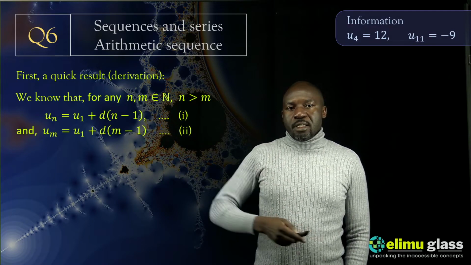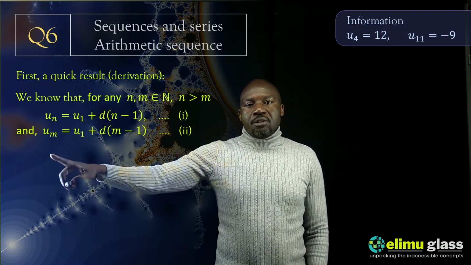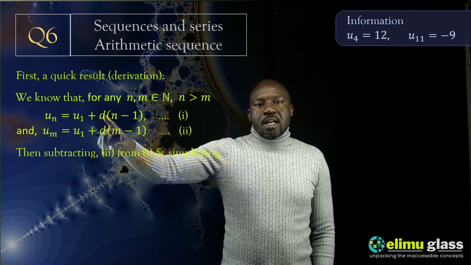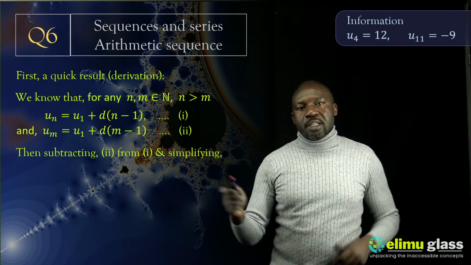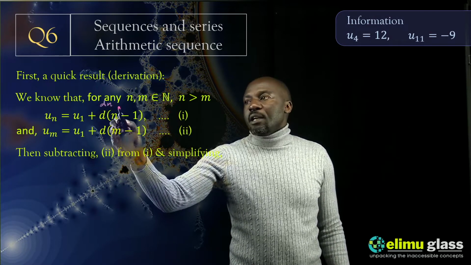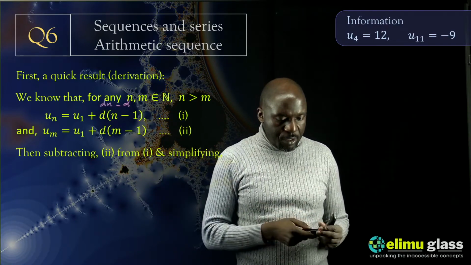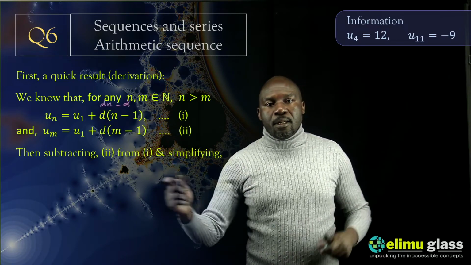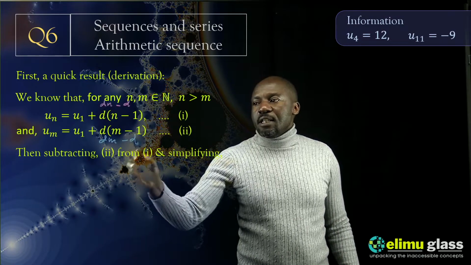If we subtract equation 2 from equation 1, then un minus um must be this minus this, which disappears, and this here is the same as dn minus d, and this here is the same as dm minus d.